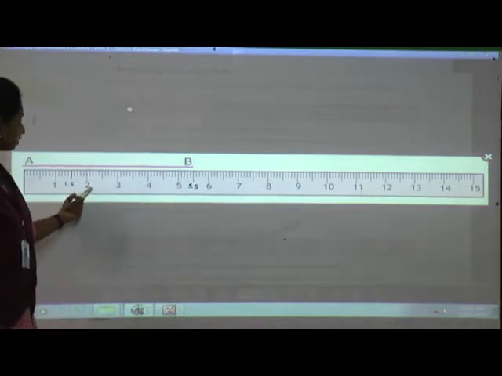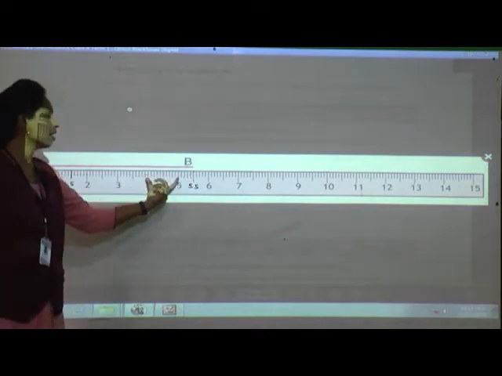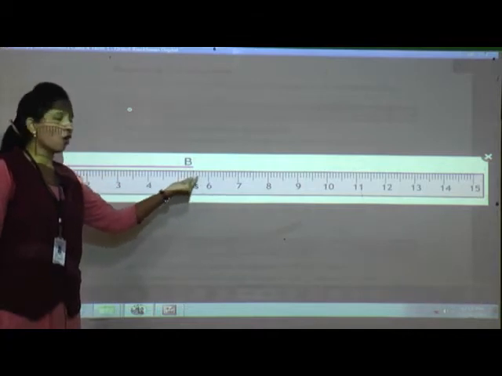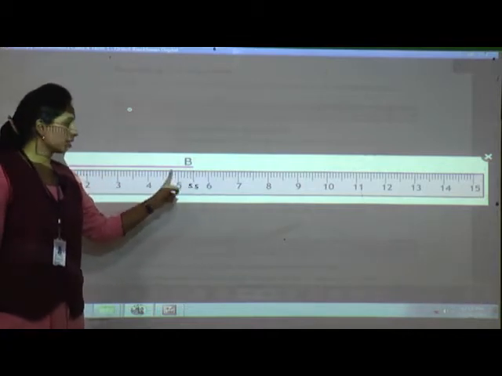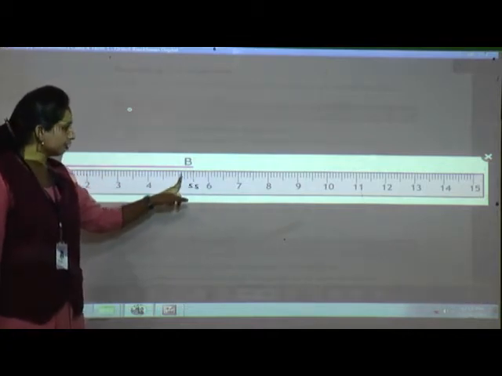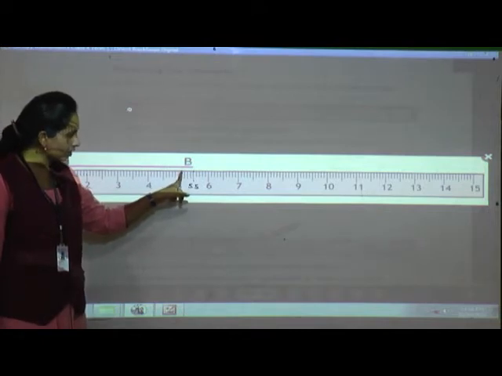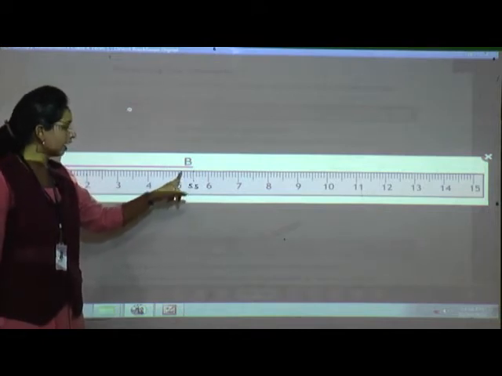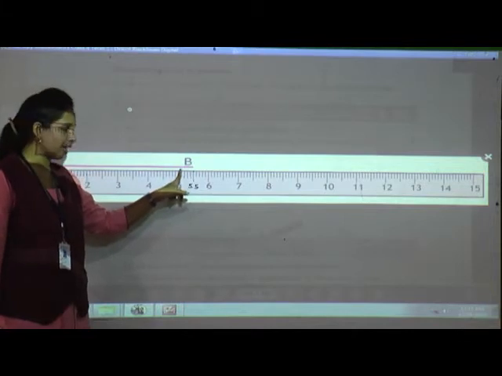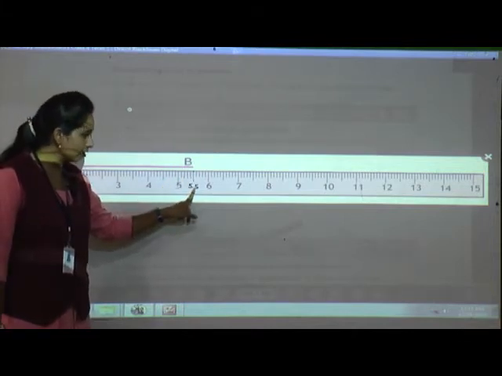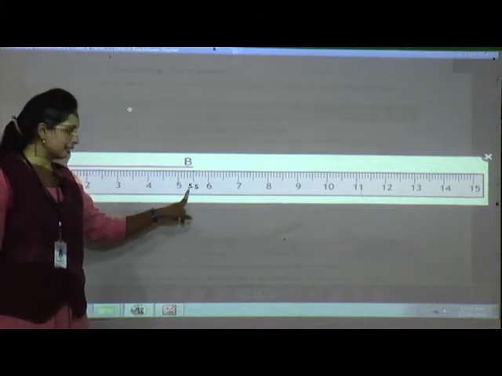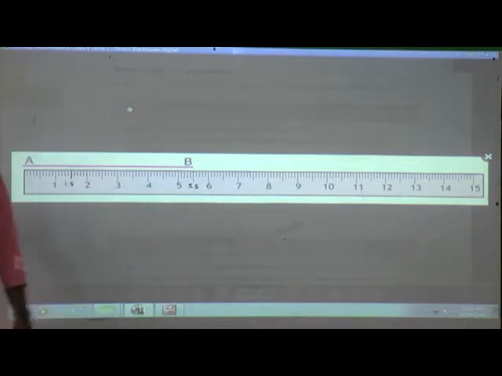1 centimeter, 2 centimeter, 3, 4, 5. Here till 5. If the line segment finishes here, it's called 5. It ended here, so it is 5 centimeter and 5 mm.